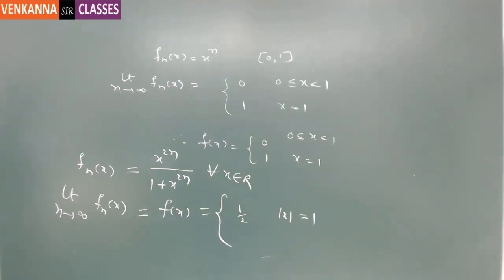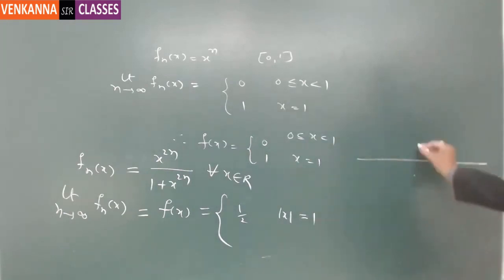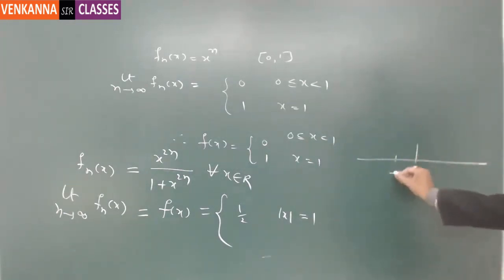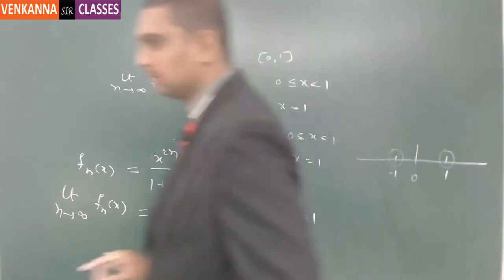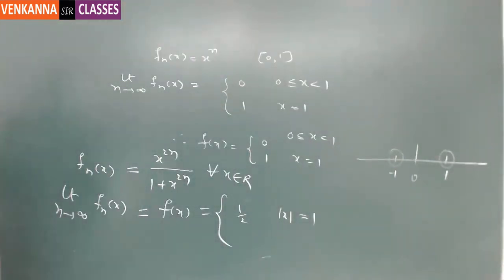In particular, let x equal to 1, it is nothing but 1 by 2. Do you agree? Fine. If you draw the real line like this, and take x equal to minus 1 or plus 1, its value will be 1 by 2. Do you agree for that?